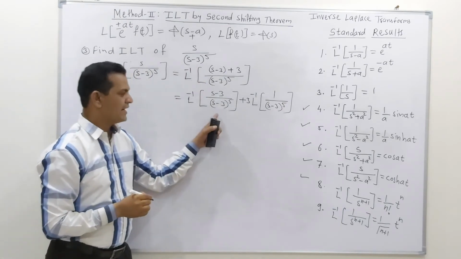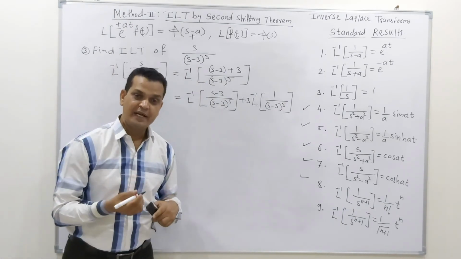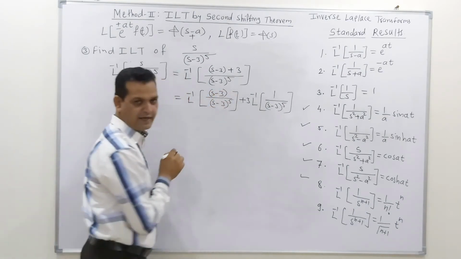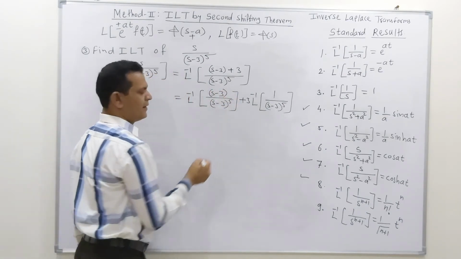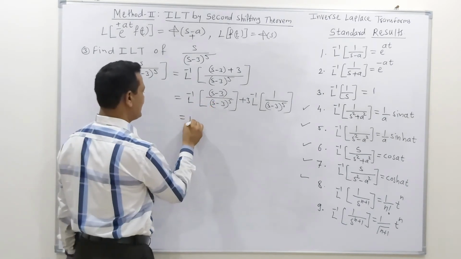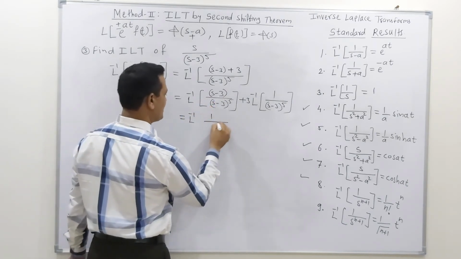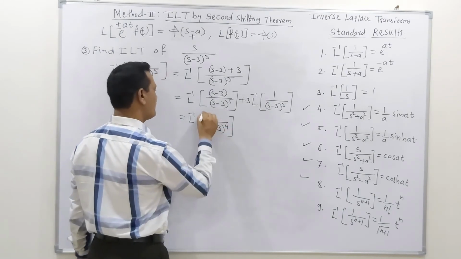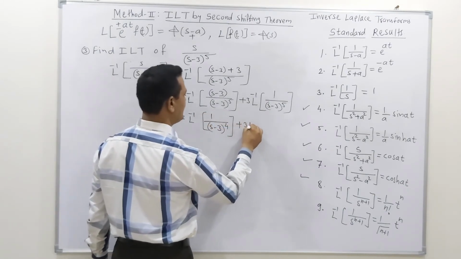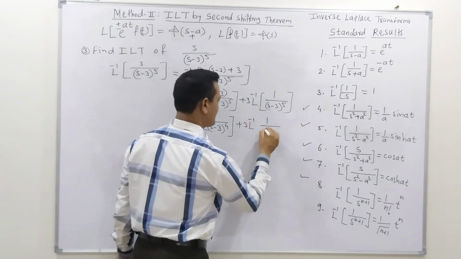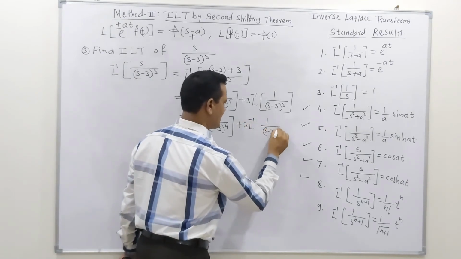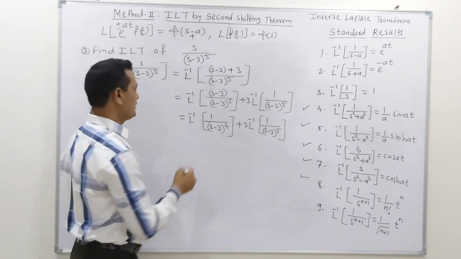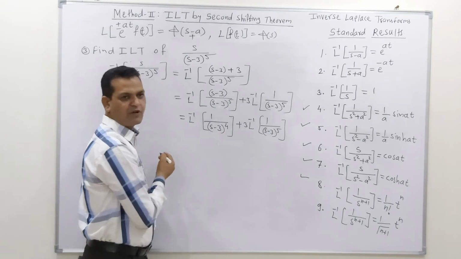We write this step because of the linearity property of the inverse Laplace transformation, so we may put a bracket here. Now one term will get cancelled, so we can write this as the inverse Laplace transformation of 1 upon (s minus 3) raised to 4. Again this is plus 3 into the inverse Laplace transformation of 1 upon (s minus 3) raised to 5. Here one term will get cancelled. So now observe that 3 is subtracted from the parameter s.